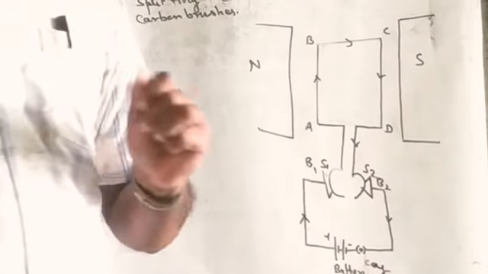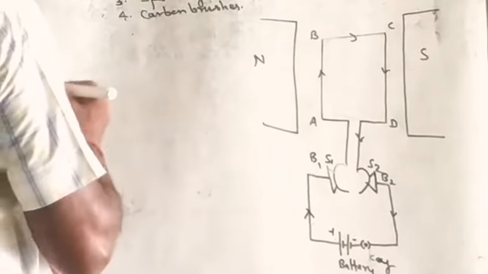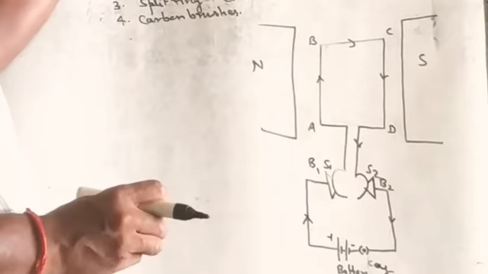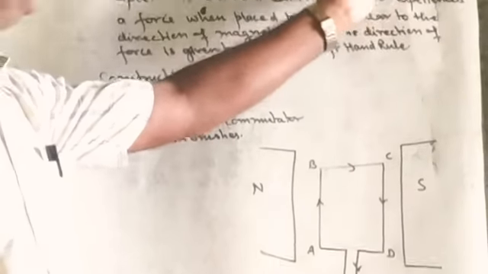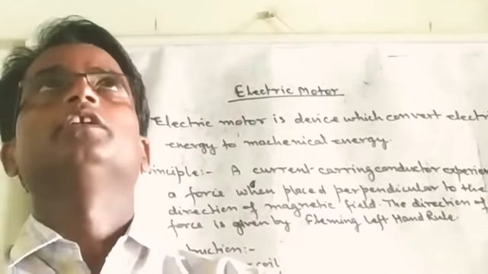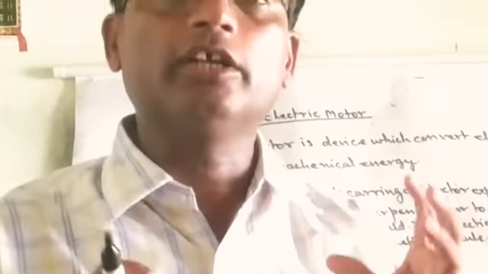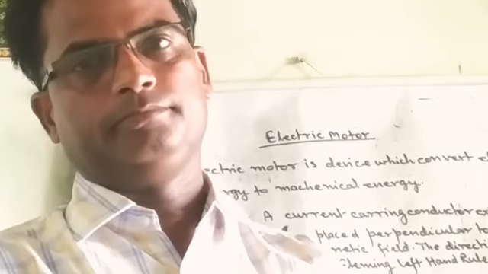Now I will discuss the working of the electric motor. You see how it works. As written in the definition, an electric motor is a device which converts electrical energy to mechanical energy. When we switch on an electric fan, it converts electrical energy to mechanical energy. Which technology is used there?